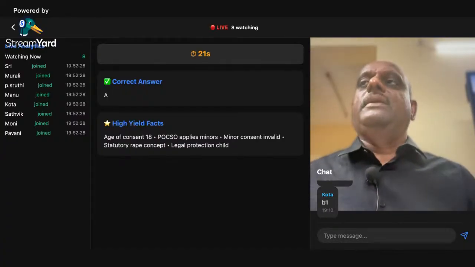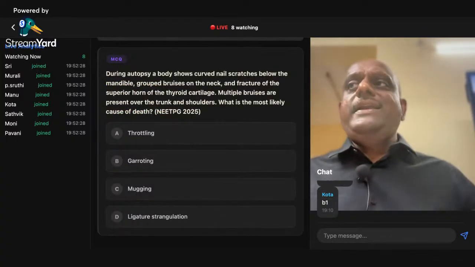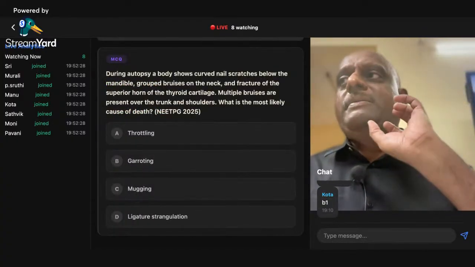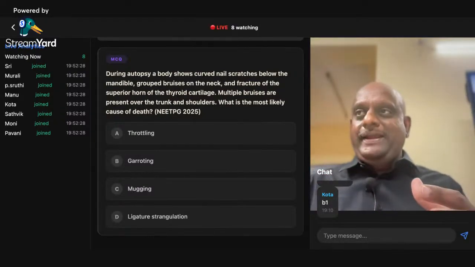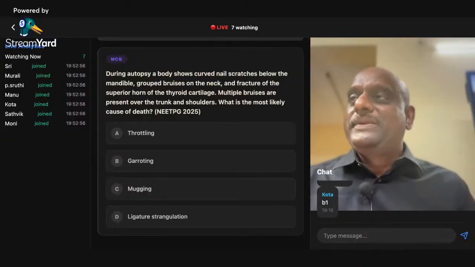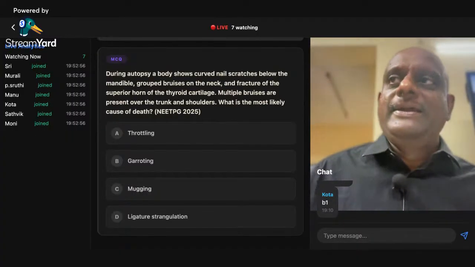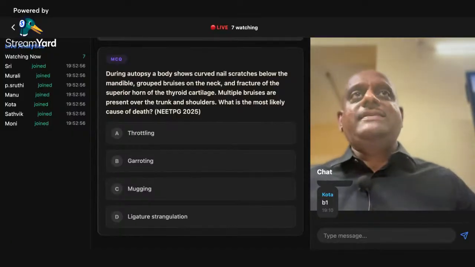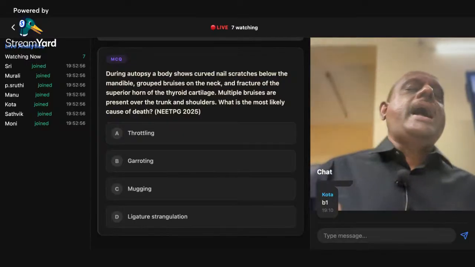Next, doctor. During autopsy, curved nail scratches below the mandible, grouped bruises on the neck, and fracture of the superior horn of the thyroid cartilage. Multiple bruises are present on the trunk and shoulders. What is the cause of death?